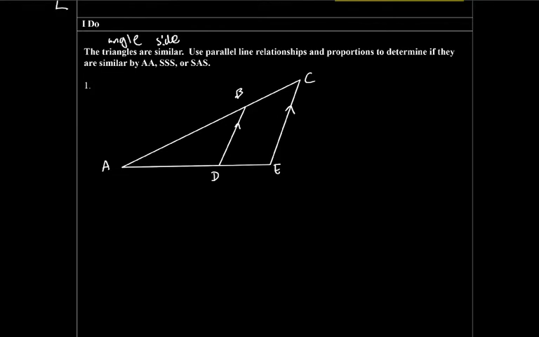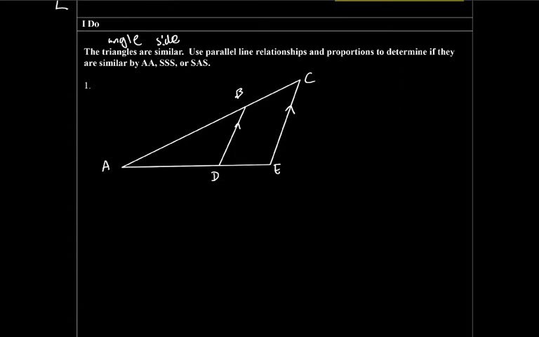So SSS means three sides are proportional. SAS means a side, angle in between, and then a side. So side, angle, side. AA is angle, angle. SSS, side, side, side. So just keep that in mind as we do this.